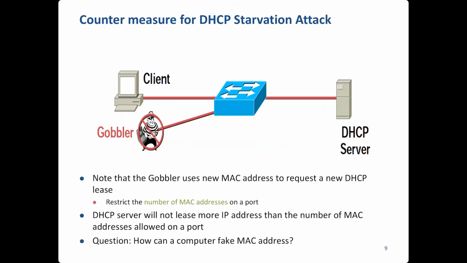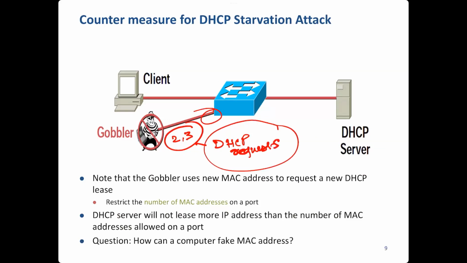Now there is a countermeasure: restrict the number of MAC addresses that can request to just a few, meaning the attacker can make a maximum of 2 or 3 DHCP requests. This provision can be done.